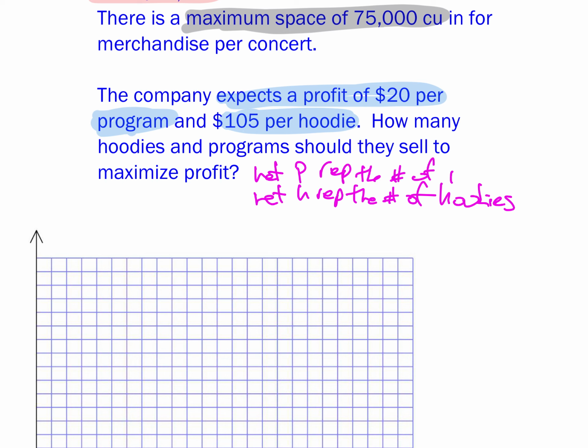the number of programs. Just a curiosity, the last time I taught this, I was asked this, so I'm just asking. Do you know what a program is? Like the paper thing. Yeah. It tells you about the band, has lots of shiny pictures. A pamphlet, or book.